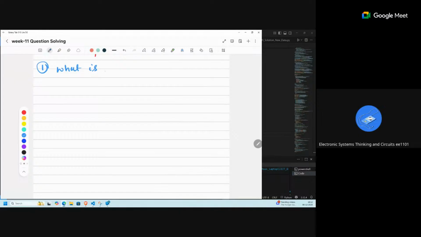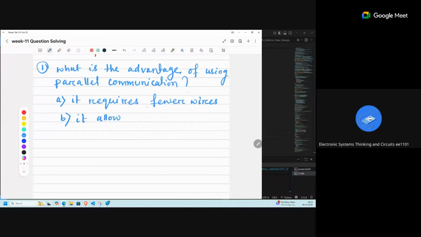If I give some options, like option A may be it requires fewer words, option B it allows faster transmission of multiple messages.